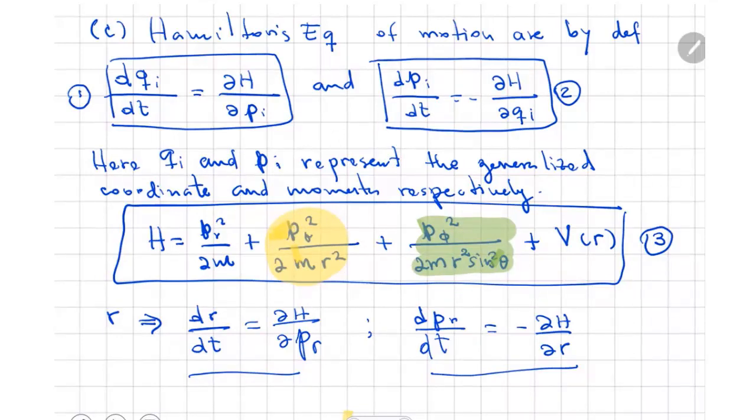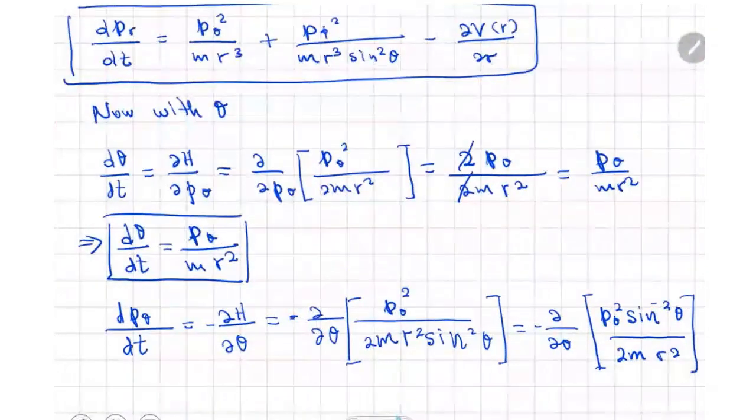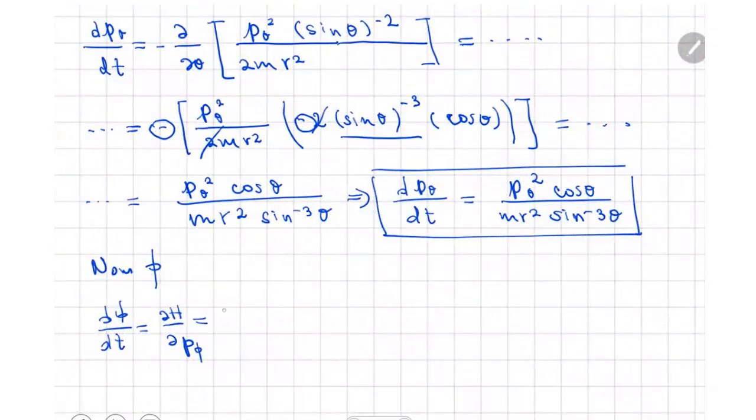So it's going to be really easy because I only apply the derivative on this term and the rest of the terms are constant. Okay, so I will have p phi dividing m r squared sine square of theta. 2 dividing 2, this 2 cancels with this as well, and I get this finally.